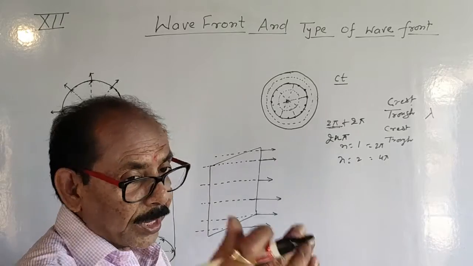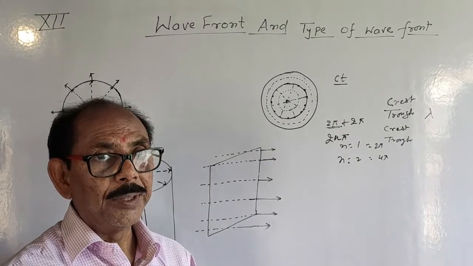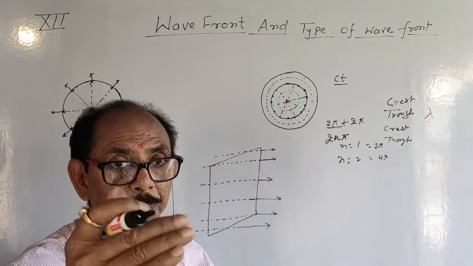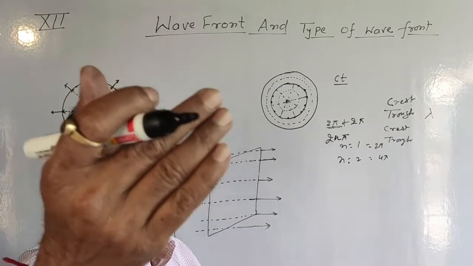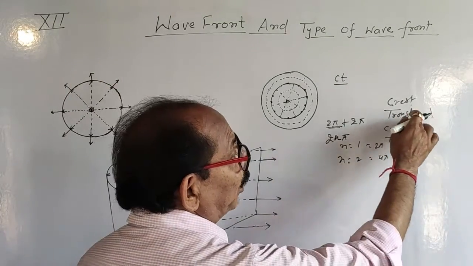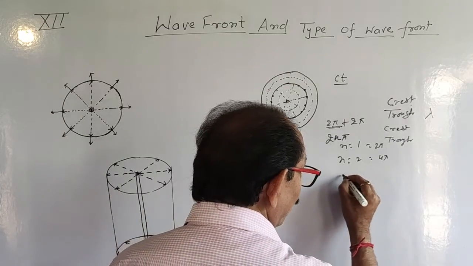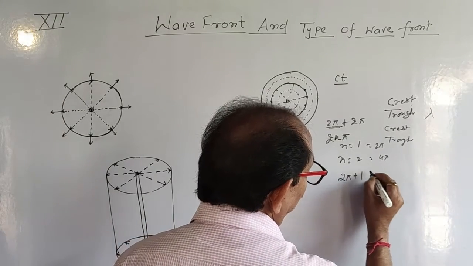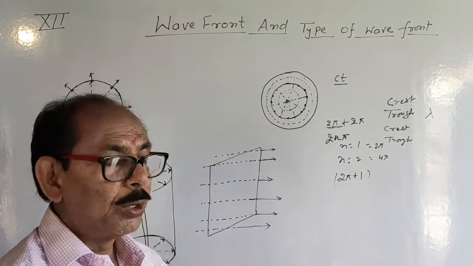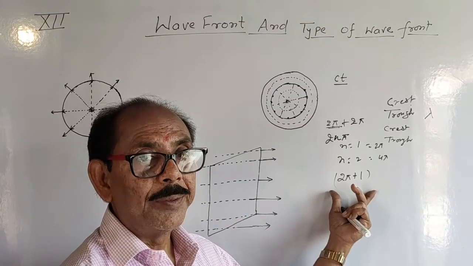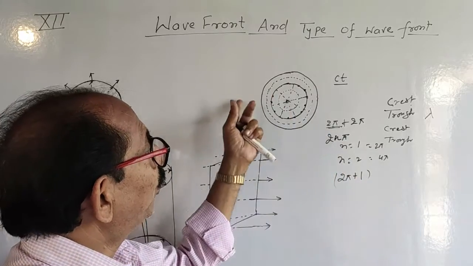Similarly, with the trough behind and the crest forward, the phase difference between any two troughs is also a multiple of 2 pi. This is called the wavefront.